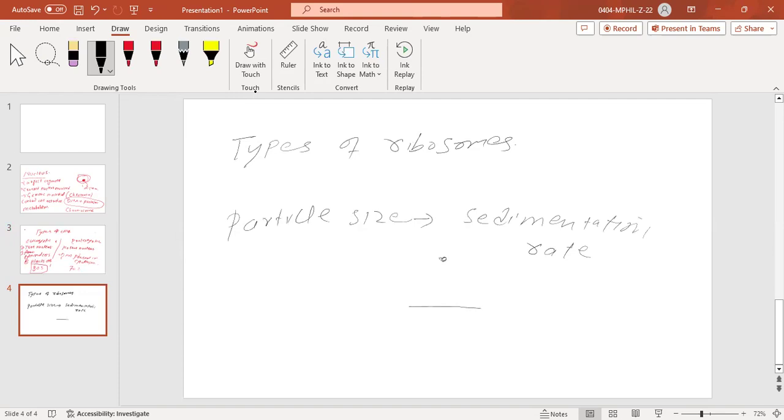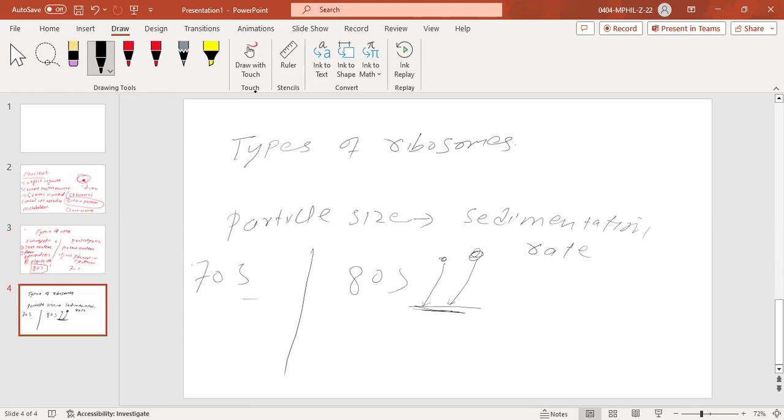Sedimentation rate means there is a surface, and these are one particle and this is another particle. How much time are they taking to settle on the surface? This is sedimentation. So for ribosomes, as I have told you, one is 70S and another is 80S.